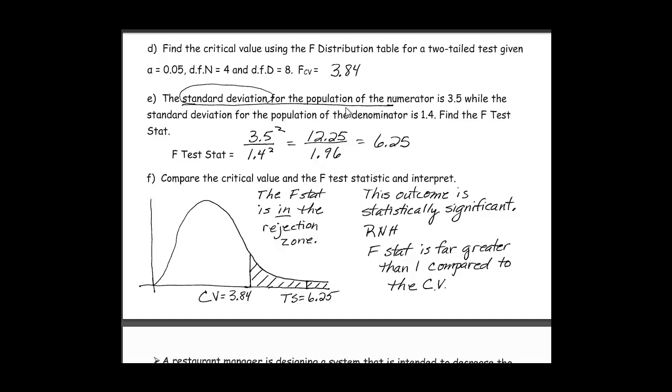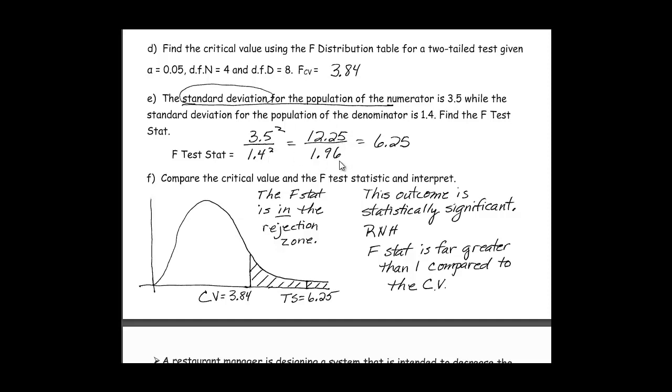The larger one is 3.5, the smaller one is 1.4. When I set up this ratio, I have to stop myself and remember I have standard deviations, and the F statistic is all about looking at the ratio of the variances. So I will have to square each of these standard deviations to get their variances before I divide. You must square first and then divide.